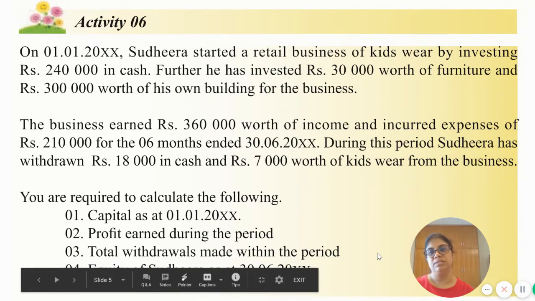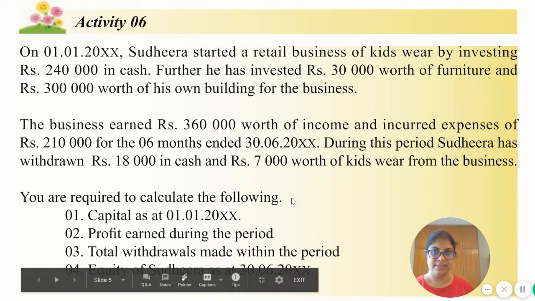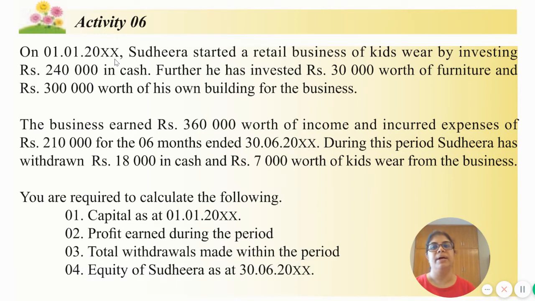Then we'll move on to this activity given in your textbook. It says, on 1st January 2019, again, let's consider it as 2019, Sudhira started a retail business of kids wear by investing 240,000 rupees in cash. Further, he has invested 30,000 worth of furniture and 300,000 worth of his own buildings for the business.